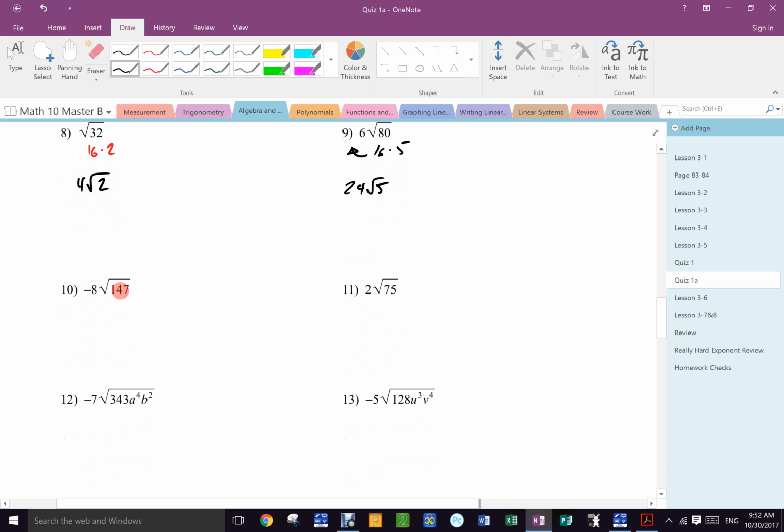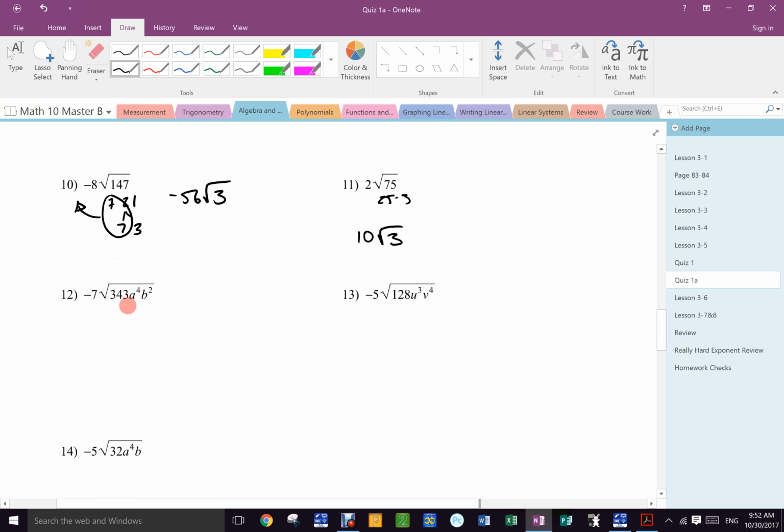What about this one? 7 and 21. 21 break down again? 7 and 3. Is there a group of 2? So what comes out? 7. What was already out? So it's negative 56 root 3. 25 times 3. What comes out? 5. What was already out? So it's 10 root 3.